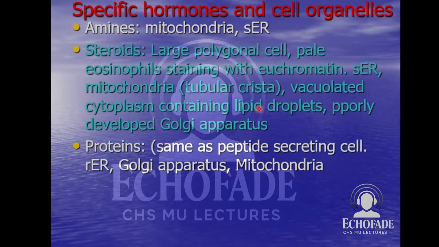For the proteins, these are the same as the peptide secreting cells. They have very well developed rough endoplasmic reticulum, and because of that, they stain deeply basophilic. The rough endoplasmic reticulum is for synthesis of proteins, and ribosomes are attached to it.